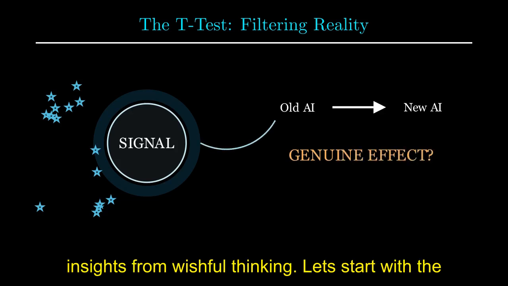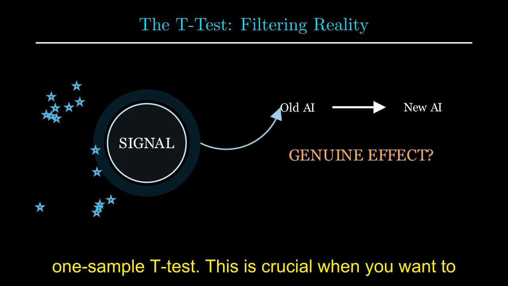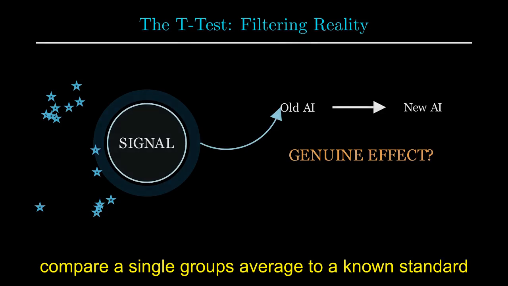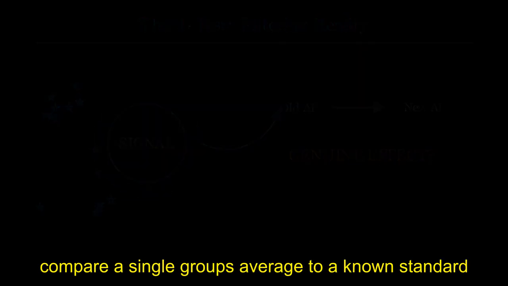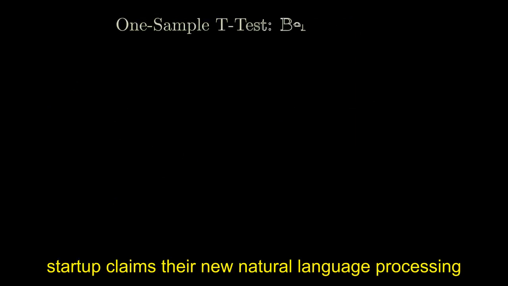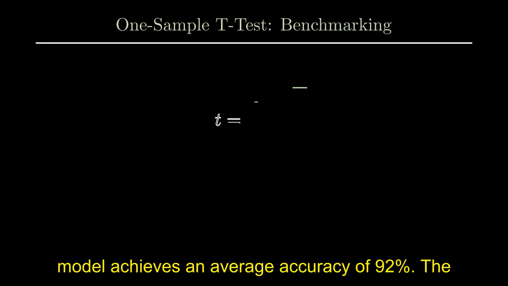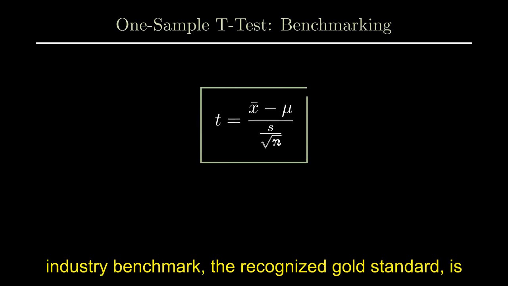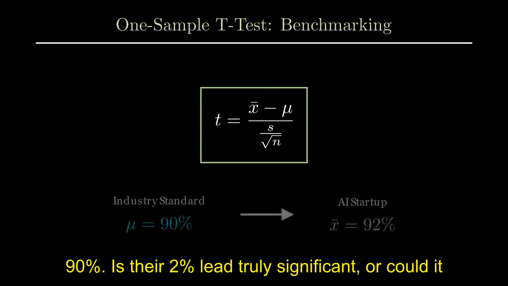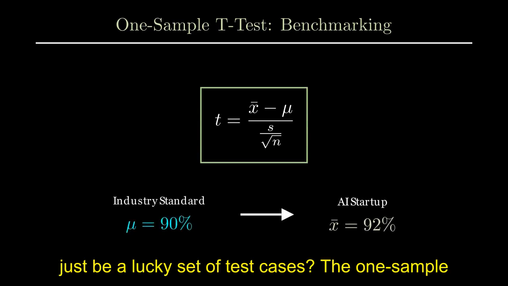Let's start with the one-sample t-test. This is crucial when you want to compare a single group's average to a known standard or a target value. For instance, a cutting-edge AI startup claims their new natural language processing model achieves an average accuracy of 92%. The industry benchmark, the recognized gold standard, is 90%. Is their 2% lead truly significant, or could it just be a lucky set of test cases?